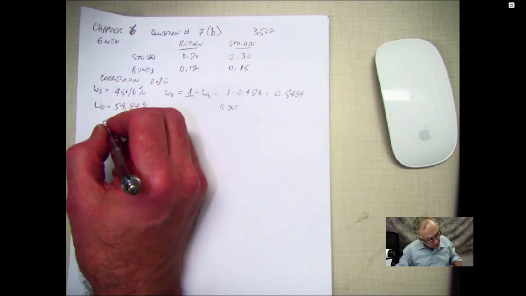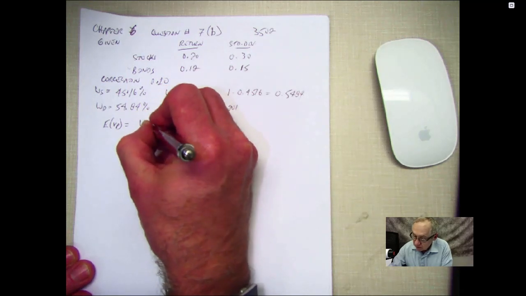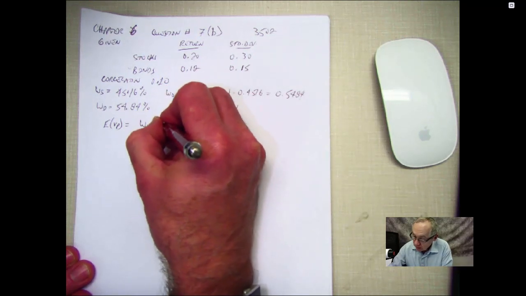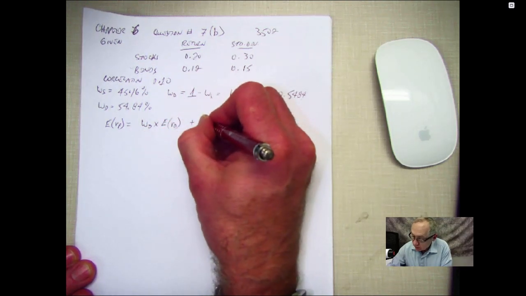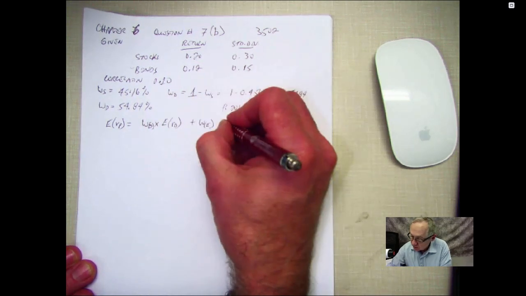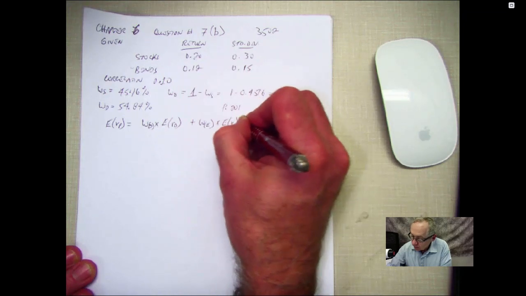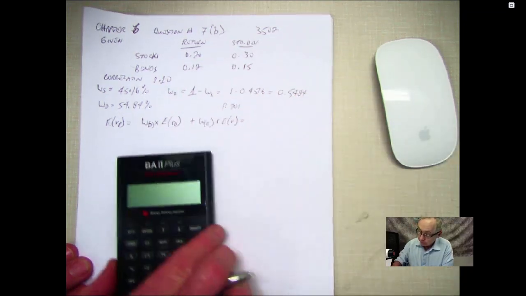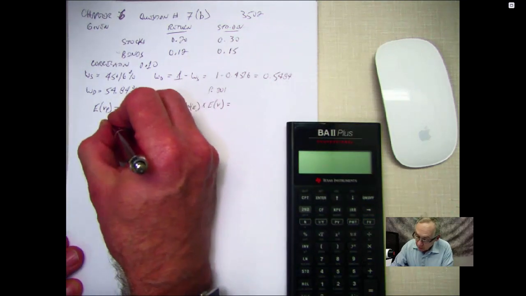shift this around to what our textbook used for formulas. Weight of debt times expected return for debt plus weight of equity times, for convention, expected return on equity. And we could put this down.